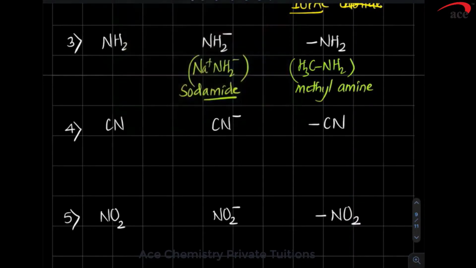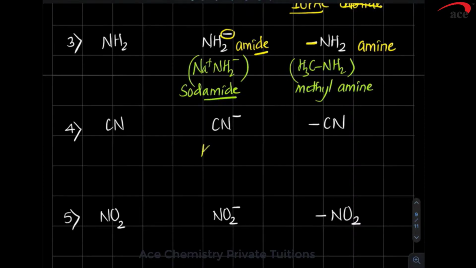That means when it is covalent, it gets the name amine. And when the same group is ionic, it gets the name amide. Unusual for us to know. So when NH2 minus is ionic, it gets the name amide. When NH2 is covalent, it gets the name amine.